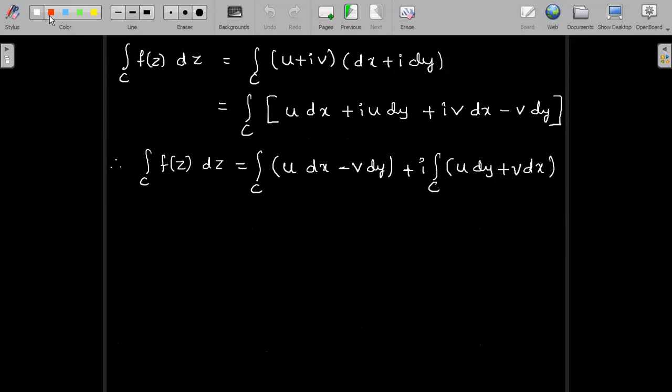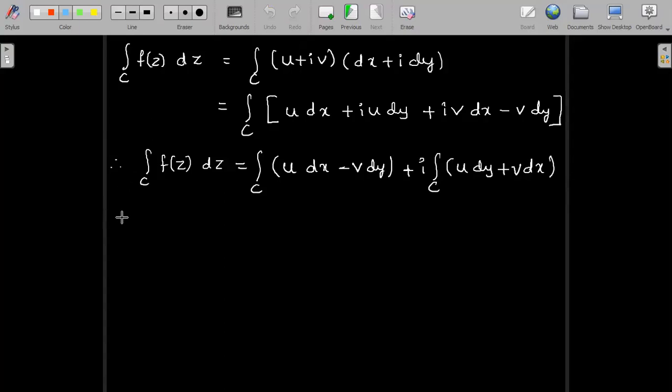So the meaning of this is that the evaluation of a line integral of a complex valued function is always equal to the evaluation of line integrals of real valued functions. When I take i outside, the bracket term within the integral is a real function. Here also it is a real function.